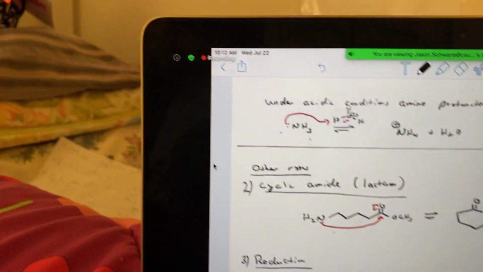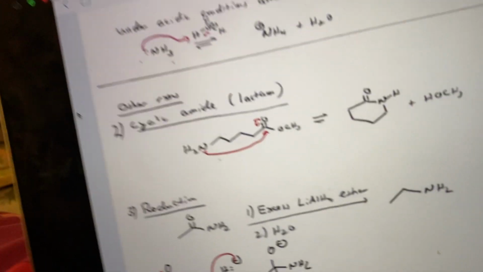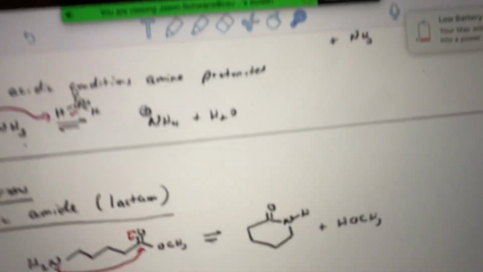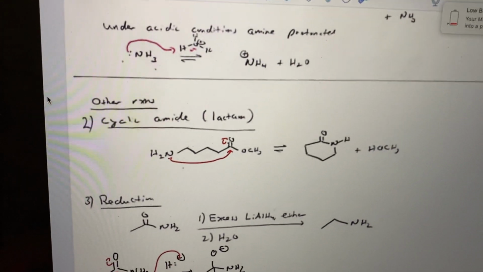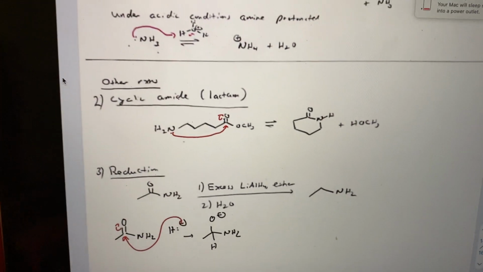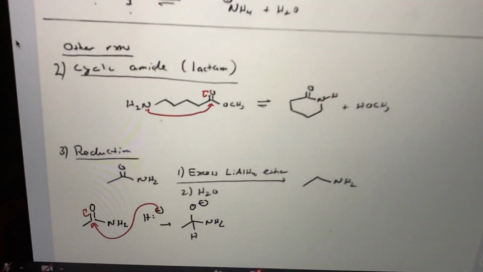And now we might have something like this. And now the thing is, with this sort of a reaction here, we have a really bad leaving group, the potential of the NH2 to leave. So instead, what we're probably going to have to do is to get rid of this oxygen that we have here.